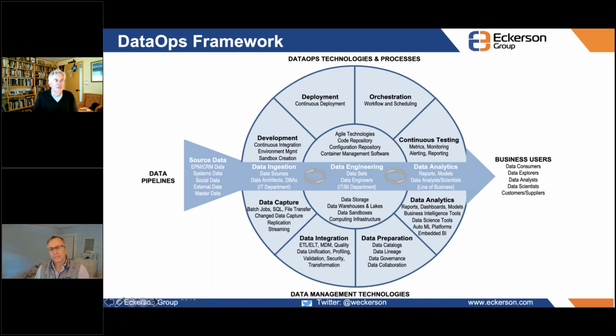There's a whole new set of data observability tools that can monitor data and the infrastructure and alert you to anomalies and problems. There's a lot of things inside that circle there: agile technologies, code repository, configuration repository, container management software that is part and parcel of a DataOps process as well.